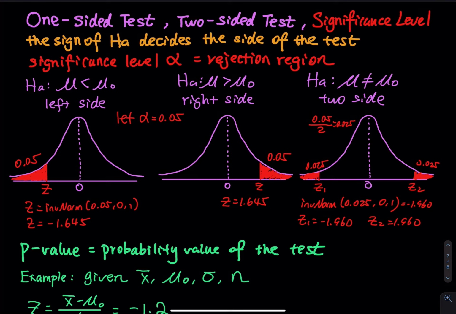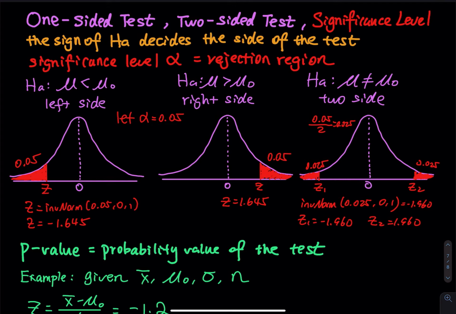You press the second key, usually that is in blue or yellow, and then you press the vars. The vars is right next to clear. So you go to second and then you press vars and then you will see inverse norm. You input the left side area 0.05, the mean equals 0, the standard deviation equals 1 because they are standard normal, and then you can get that Z equals negative 1.645. So that is the alpha on the left side, the corresponding Z value on the left side.